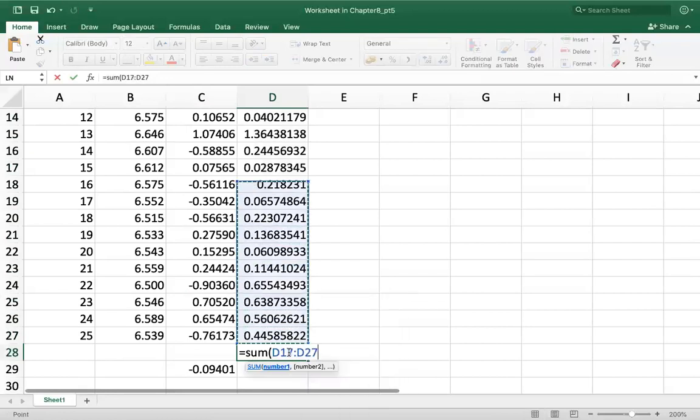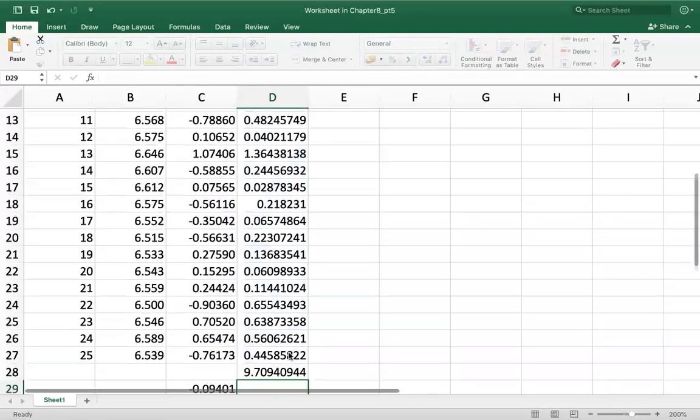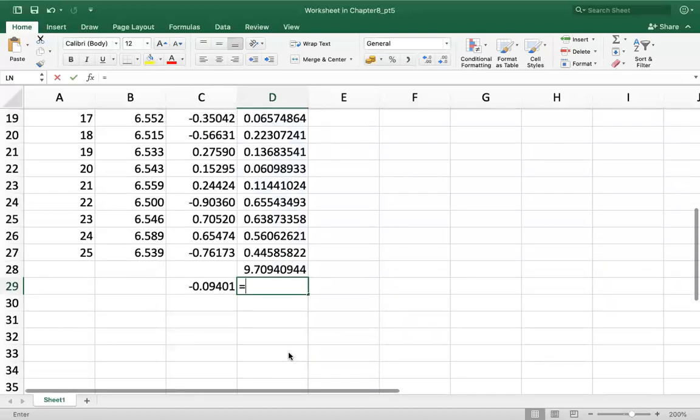So the formula for the variance is the sum of these squared values divided by n minus 1, 25 minus 1, right?